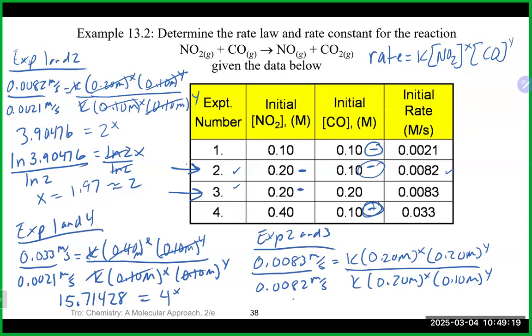You actually get a little bit over. It looks like 1.01 is equal to, these guys will cancel, and that's going to give you basically a 2 to the Y.